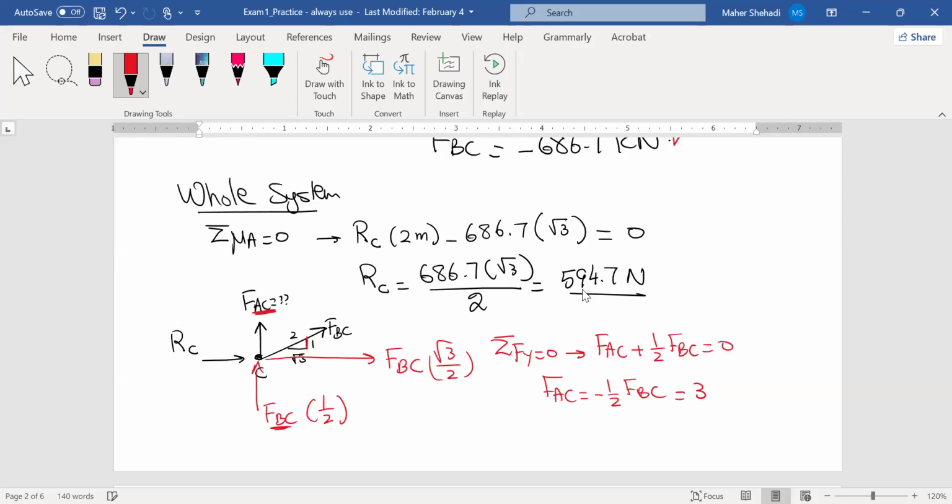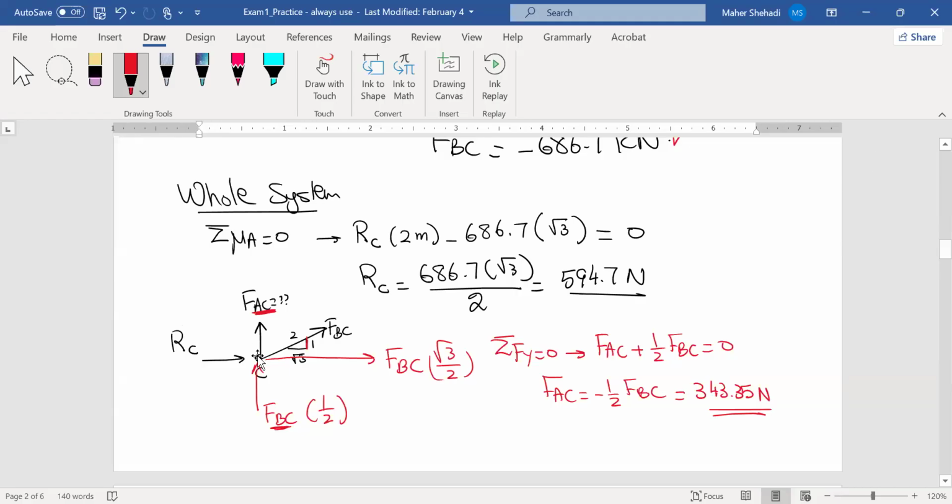So it would be 343.35 Newton. Okay, questions?